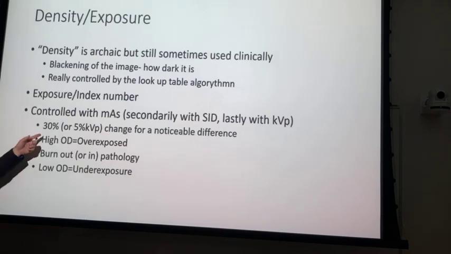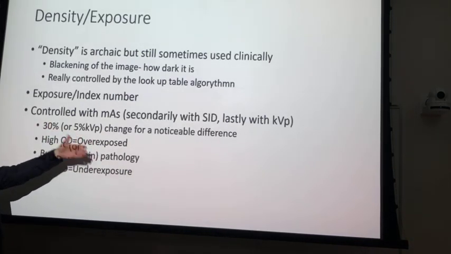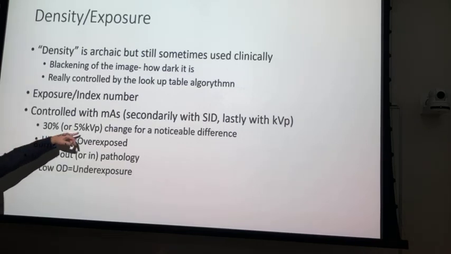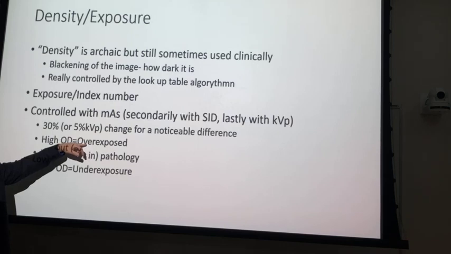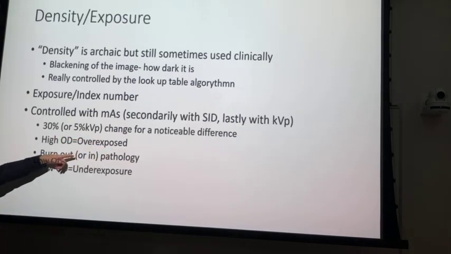So 1/3 of your needed mass change to double the exposure is your baseline at 30%. Does that make sense? So how much is 1/3 of 15%? 5%, right? So same thing with KVP, 5% change, because that's roughly 1/3 of what you need to change KVP in order to double your exposure, is what you need to see a visible difference with a change in KVP, okay?